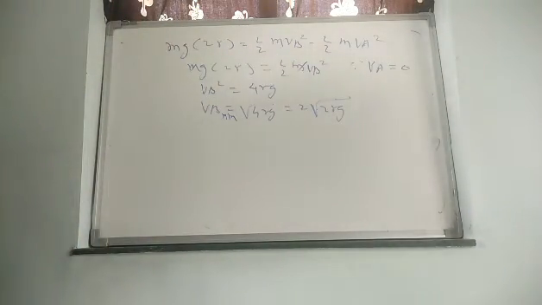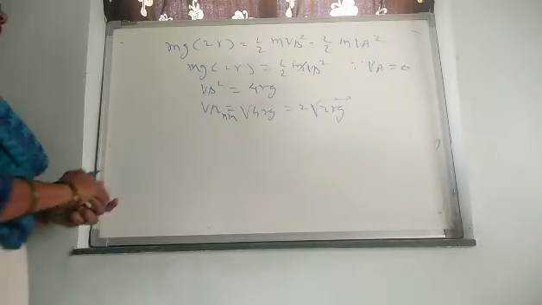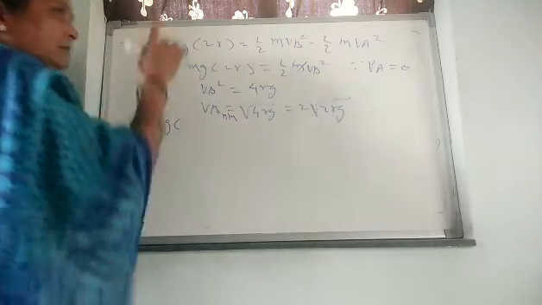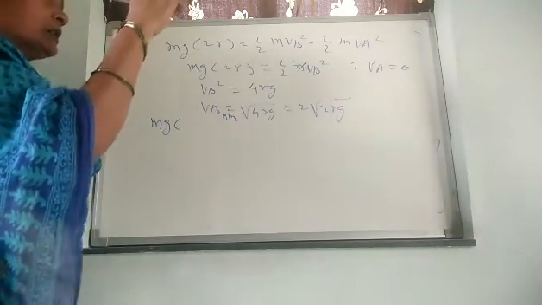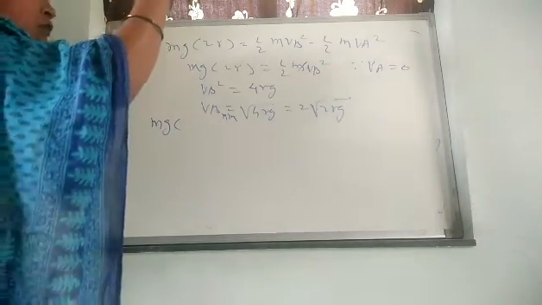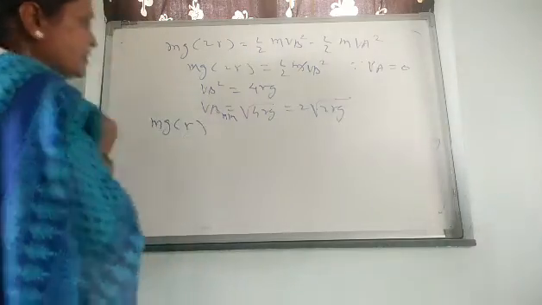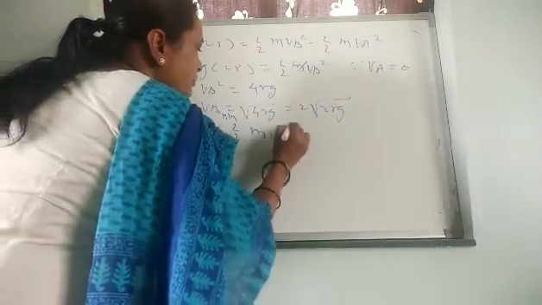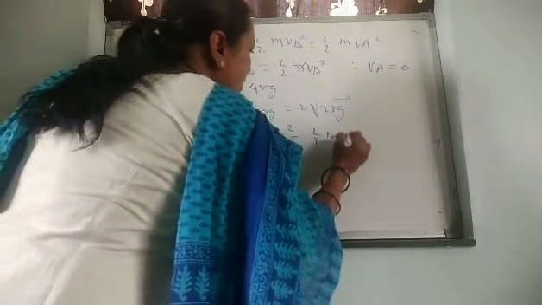Then we have to see the velocity at the horizontal position. In order to find the velocity at the horizontal position, as you know, for the particle to go from top to horizontal, mgr is equal to 1/2 m Vc square minus 1/2 m Va square.